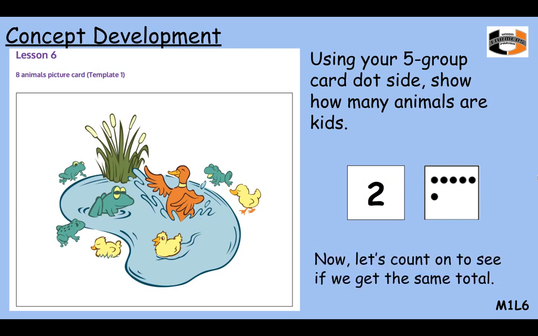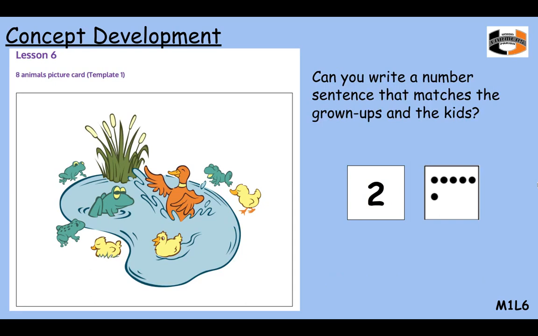Now let's count on to see if we get the same total. 2, 3, 4, 5, 6, 7, 8. We got the same total. Can you write a number sentence that matches the grown-ups and the kids?